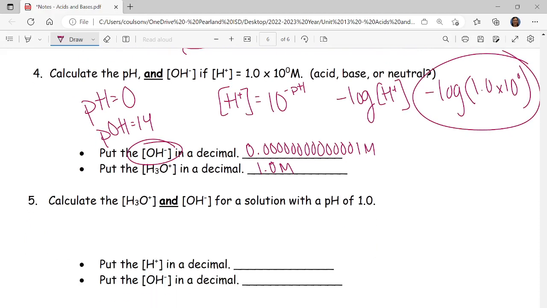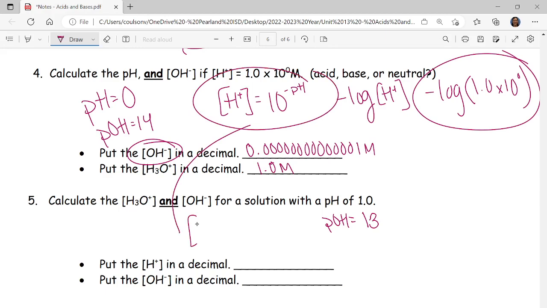All right, very, very last thing. Calculate the hydronium ion concentration and the hydroxide ion concentration for a solution with a pH of 1. So the pH is 1. You know the pOH equals 13. Put the hydrogen ion concentration in a decimal. So here's where I'd actually use that.